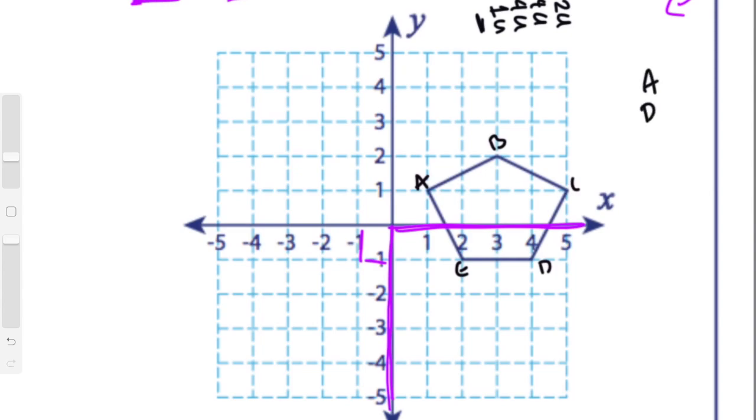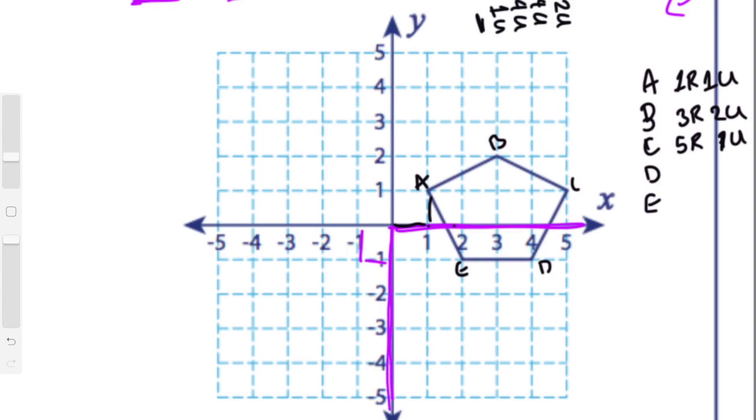A, B, C, D, E. So A, 1 to the right, 1 up. B is 3 to the right, 2 up. C is 1, 2, 3, 4, 5. 5 right, 1 up.